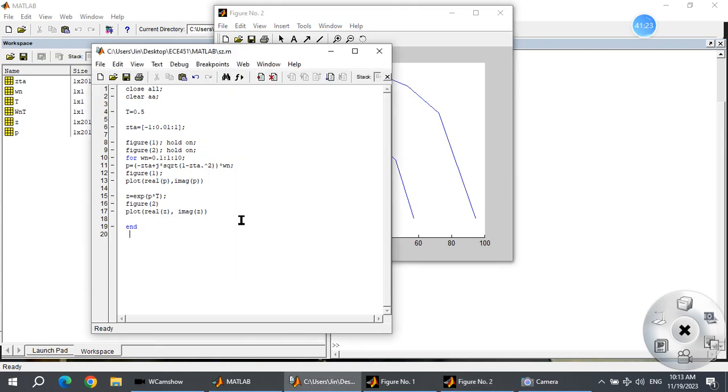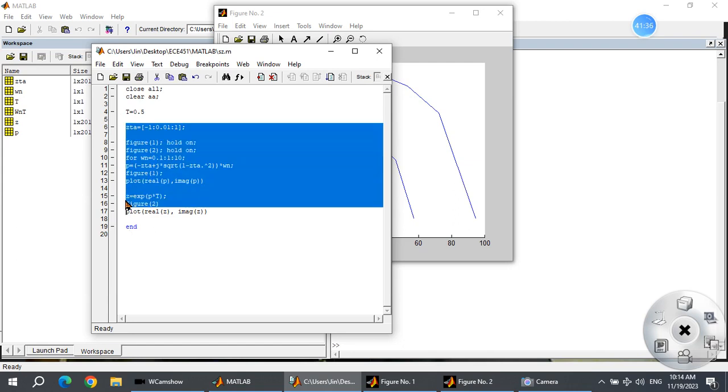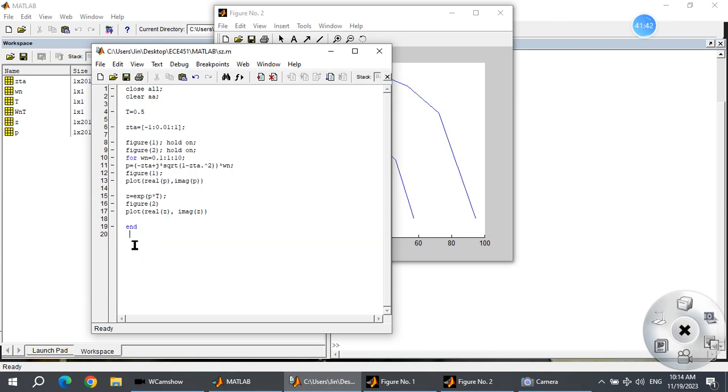Now we can consider the other side. If now zeta is fixed, for fixed zeta, omega is changing. Now I can use similar things like this. I can copy these. I can give another loop.